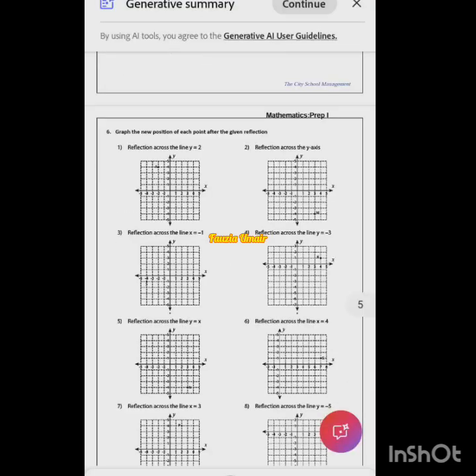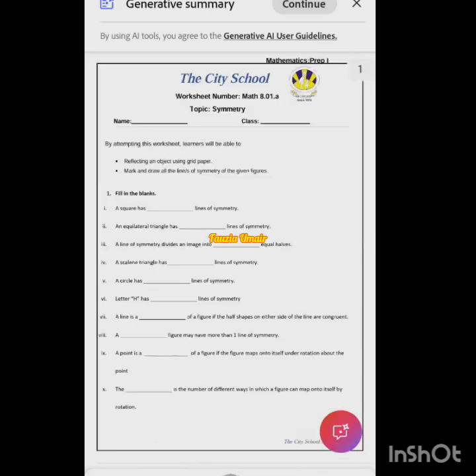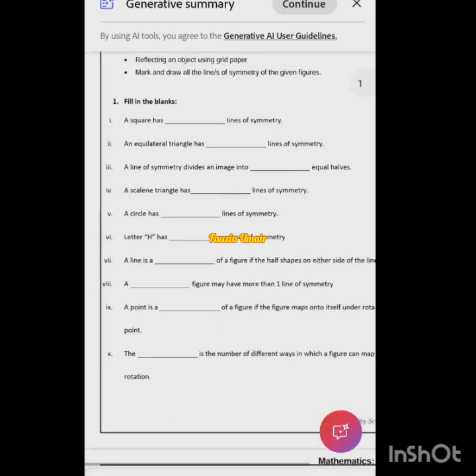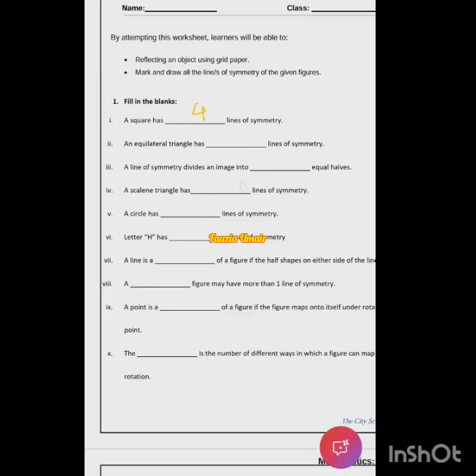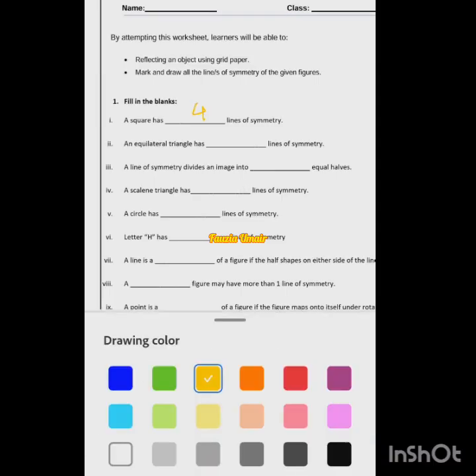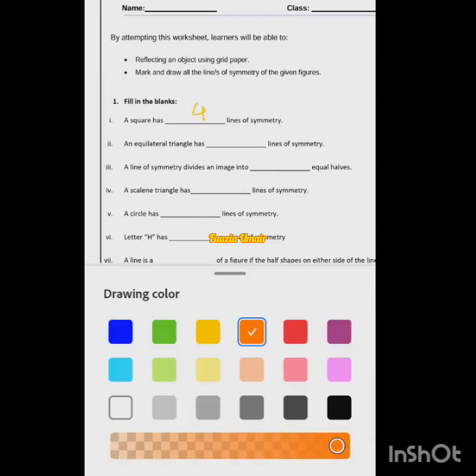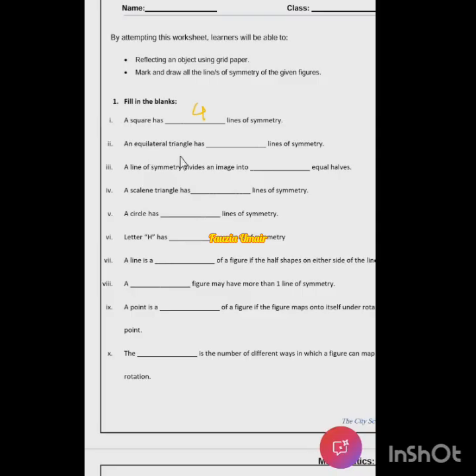There is only one worksheet here. So, starting from this question. A square has how many lines of symmetry? Four lines of symmetry. The second question: an equilateral triangle has how many lines of symmetry?